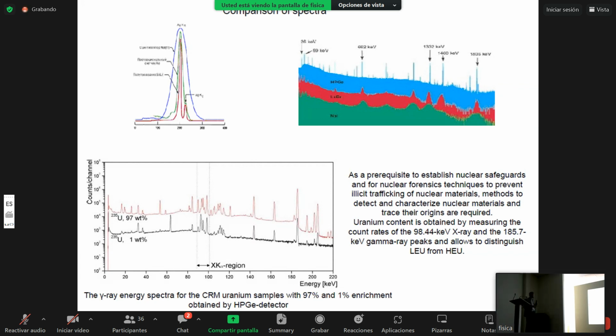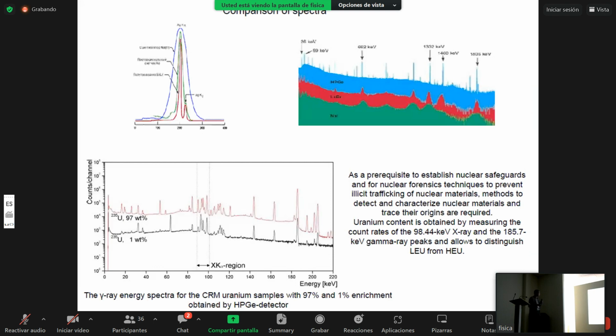Here is a single picture: the scintillation detector, the germanium detector, and the proportional counter detector in green. You can see that the germanium detector can distinguish very close gamma or X-ray lines, and so it allows you to identify the isotope.